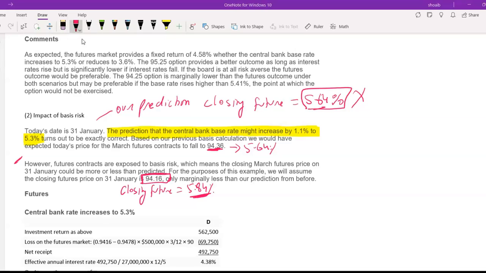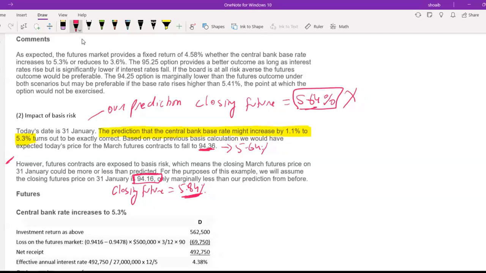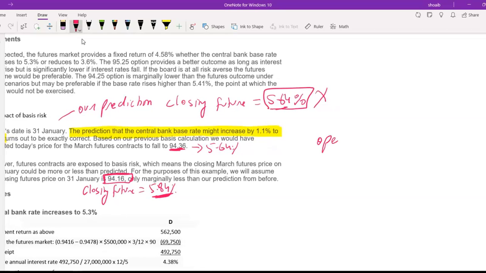But normally, if examiner wants to check the basis risk, it would be given in the B part. So according to the examiner, it is equal to 5.84, 94.16. So what you will do? You will solve the second last step again.